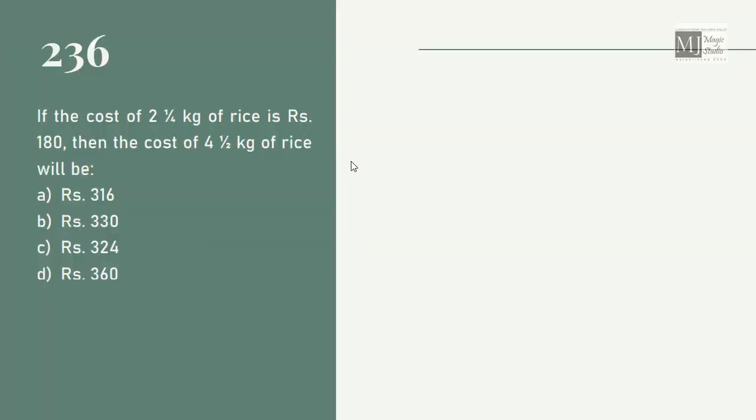If the cost of 2 1 by 4 kg, 2 1 by 4 means 8 plus 1, 9 by 4 kg is rupees 180. Then the cost of 4.5 kg of rice, 4.5 kg is 9 by 2.